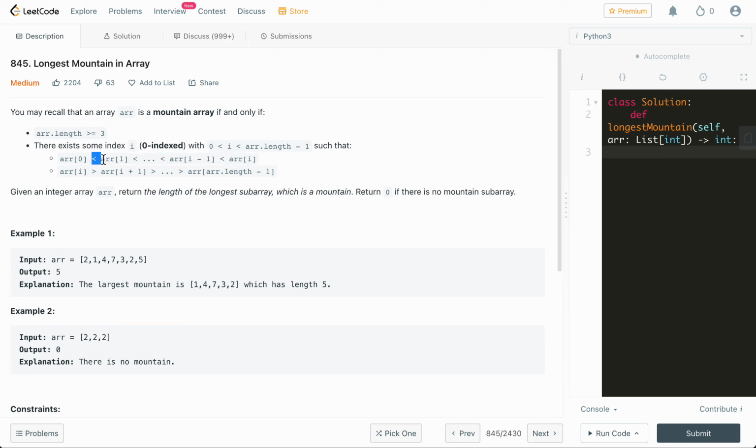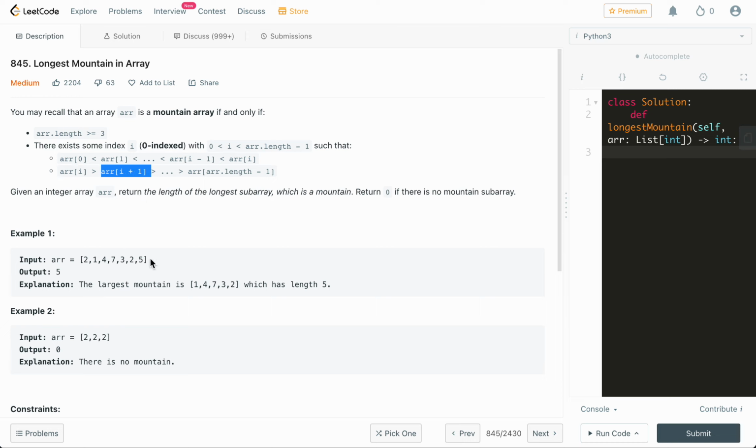As you can see, there's a less than, meaning that arr[0] < arr[1] < ... < arr[i-1] < arr[i], and then arr[i] is greater than arr[i+1].